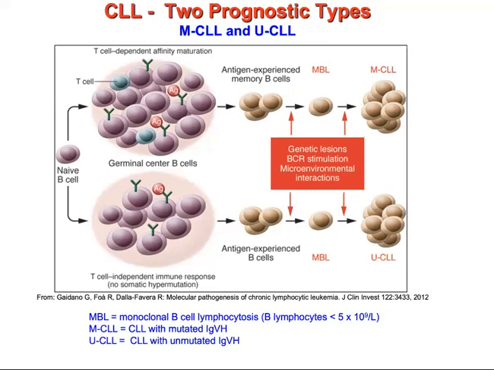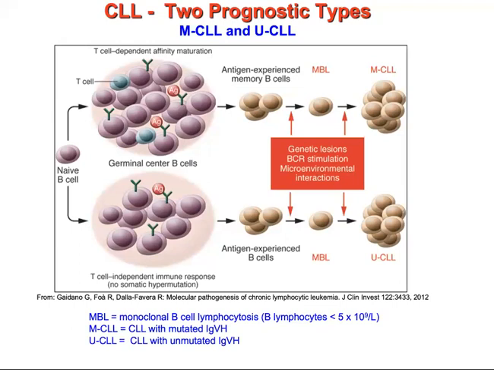So that process is called affinity maturation. On the other hand, T-cell independent maturation is different because it occurs outside of the germinal centers and the marginal zone of the lymph nodes. In this process, after the B cells bind the antigen, they will divide, but their immune globulin variable region genes may or may not undergo somatic hypermutation.